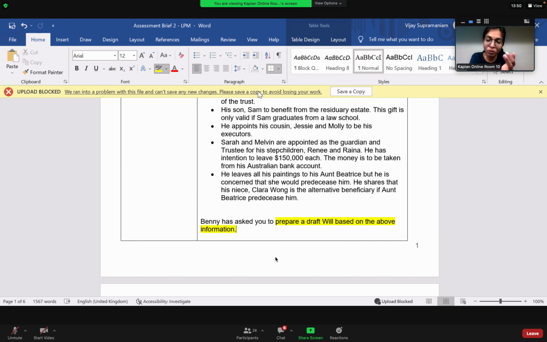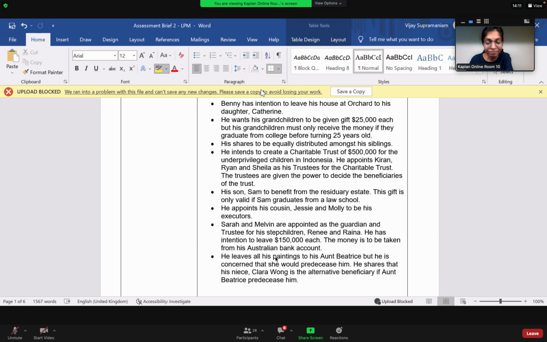When I go through the wills and estate lesson with you, you will see there's a template given to you. To be honest, to me, this assessment is just a matter of constructing in the English language. All right? So if you really look through this content and use the template very well, all of you will definitely pass this portion.